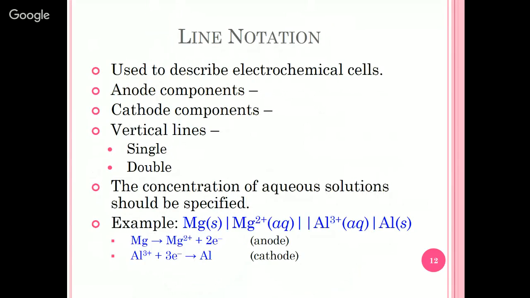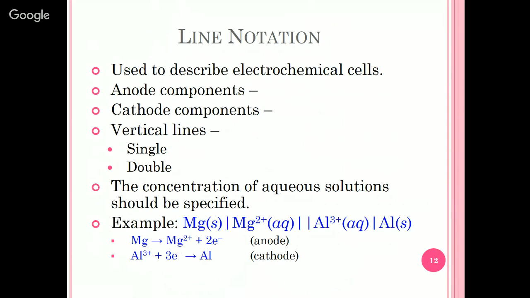So how do we use line notation? This is an abbreviation to describe electrochemical cells. Your anode component is always your oxidation, which is written first. Your cathode component is your reduction, and it is always written second. We have vertical lines to represent things. A single line represents a phase boundary. A double line represents the salt bridge.